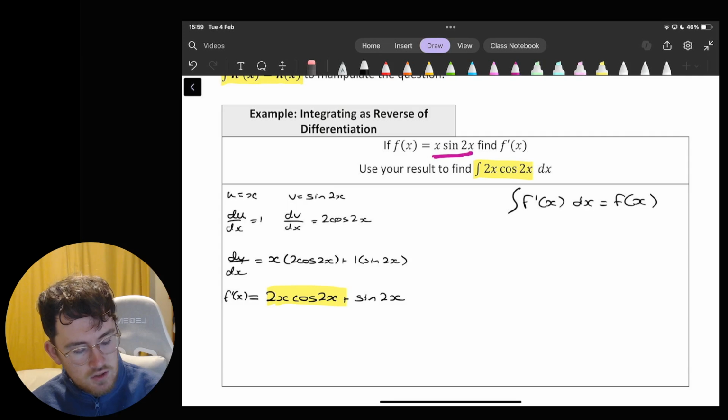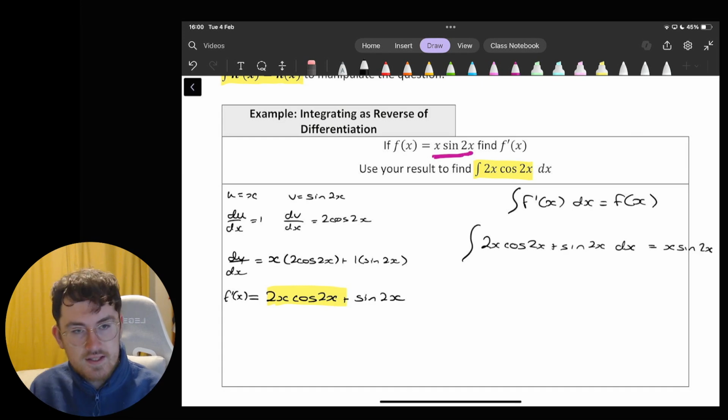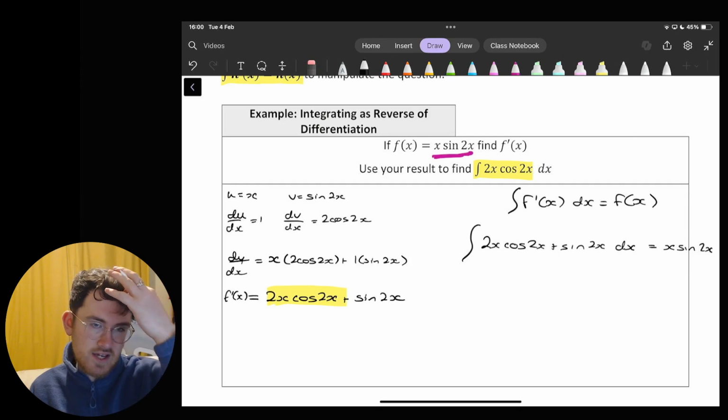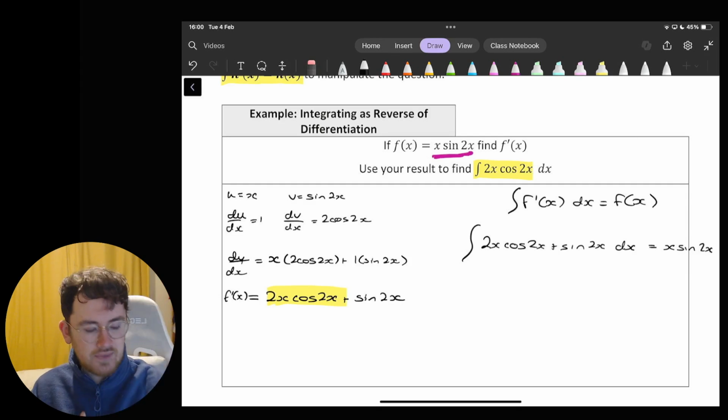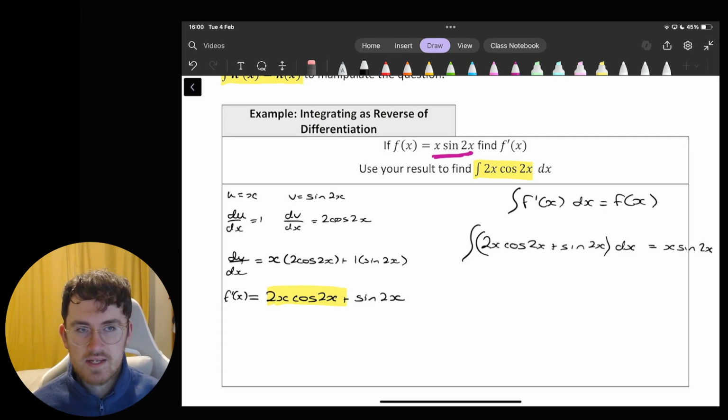So we are basically saying if I integrate 2x cos 2x plus sine 2x, that should get me back to x sine 2x. That's the idea we're setting up here. If I integrate this derivative, and I'm even going to put brackets around it to show that we're using all of it, that should bring me back to the original function because I just differentiated to get this answer in the first place. And these are supposed to be inverse operations of each other.